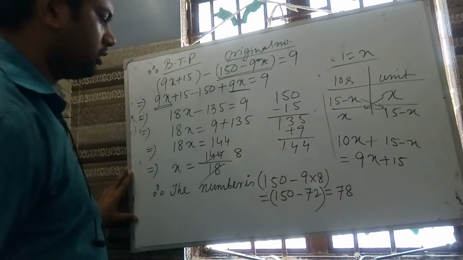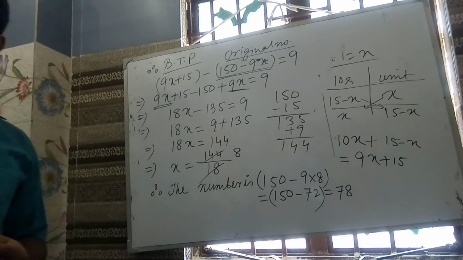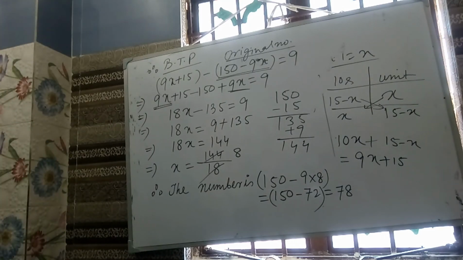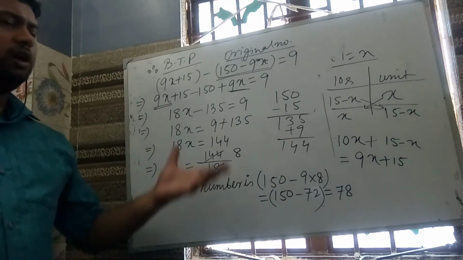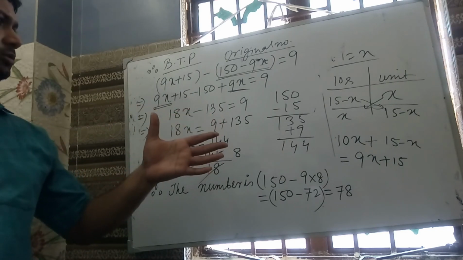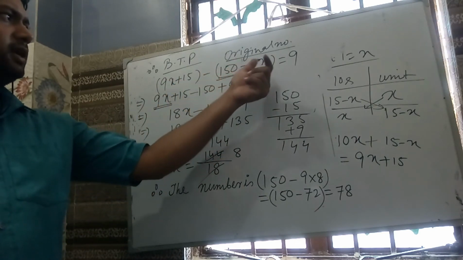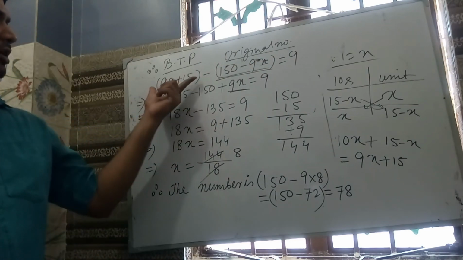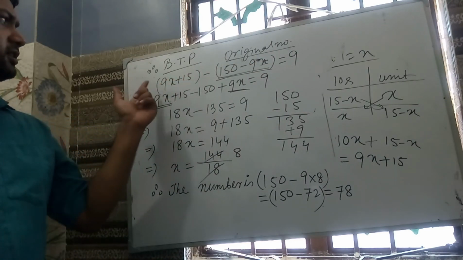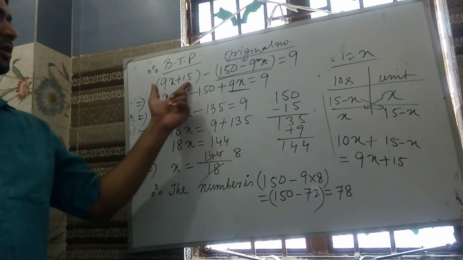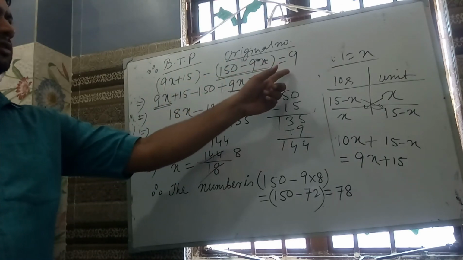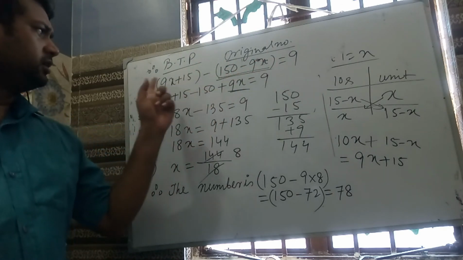This is not clear to you or not? Clear. Good. So what we have done? We have found out the original number, that is 150 minus 9x. The number obtained by interchanging the digits is 9x plus 15. Their difference is 9 because what is given?